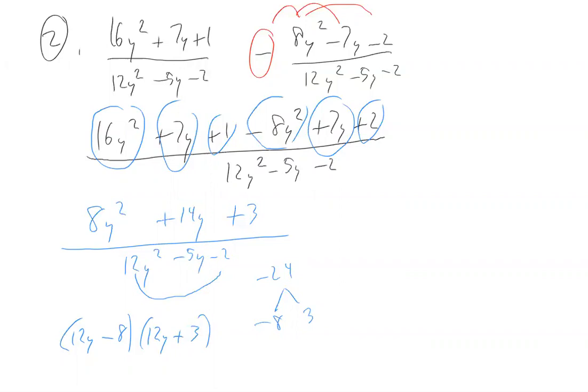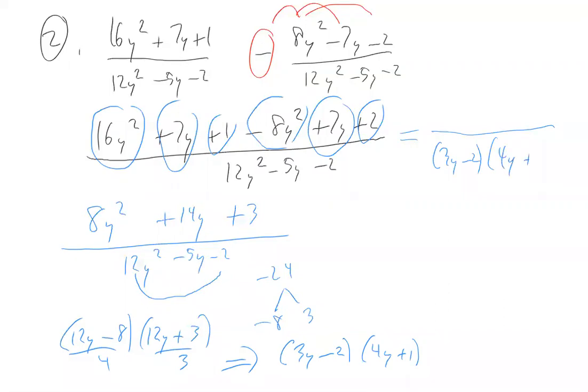Then you'll have to eliminate a common factor of 4 and of 3, which gives you 3y minus 2 and 4y plus 1. Then we rewrite the original fraction as being 3y minus 2 divided by 4y plus 1.